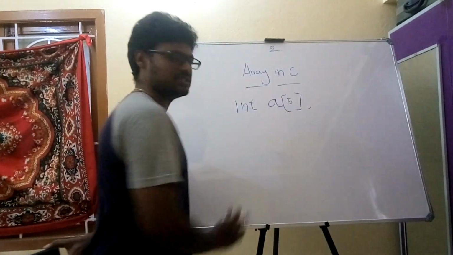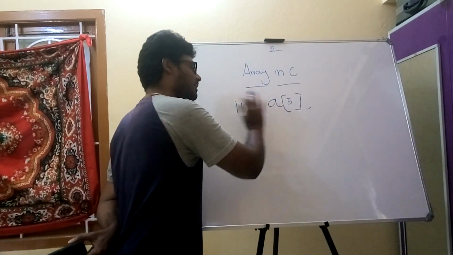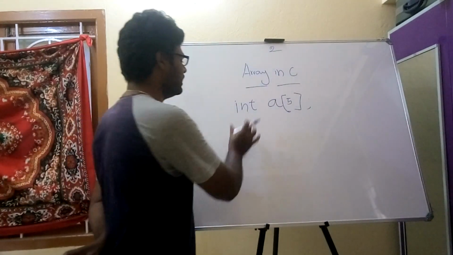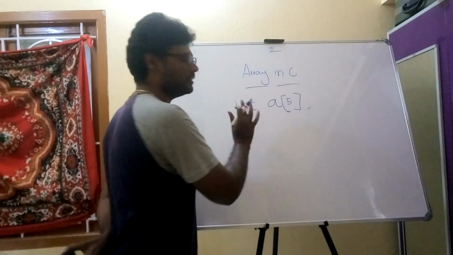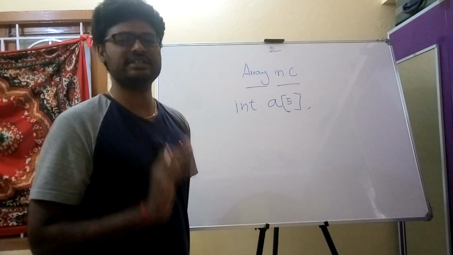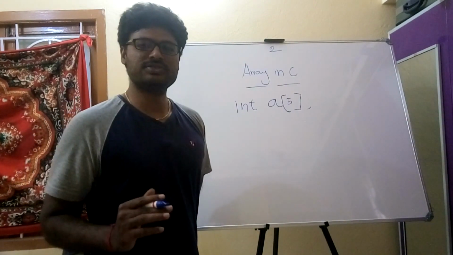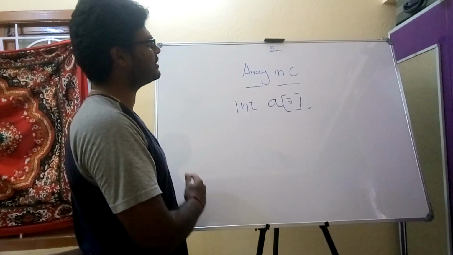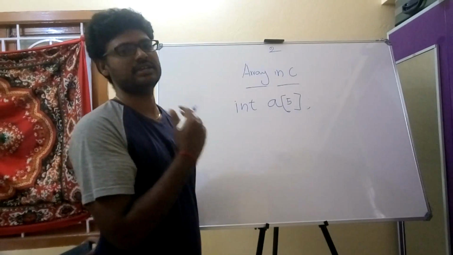This 5 represents that we can store 5 elements. A represents the name of the array, int is the type. This is an integer array. Now we are going to see how the elements are stored in an array, in what way the elements are stored.